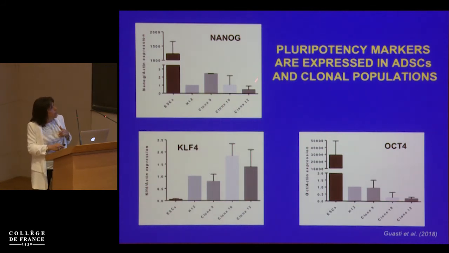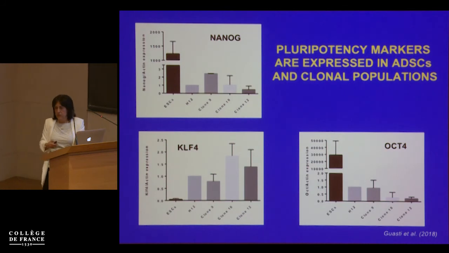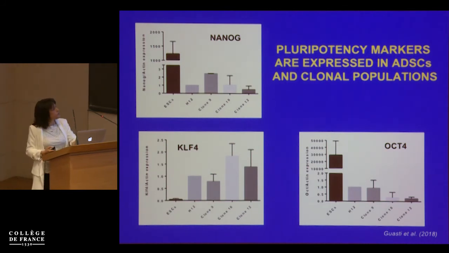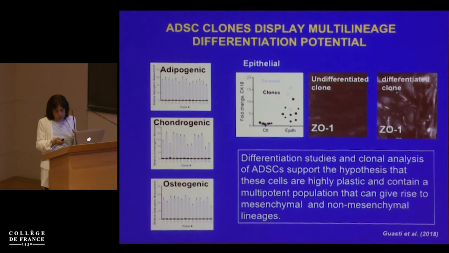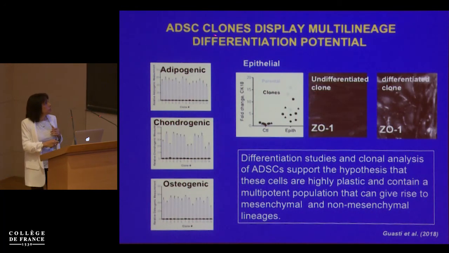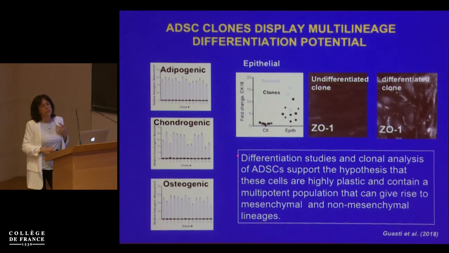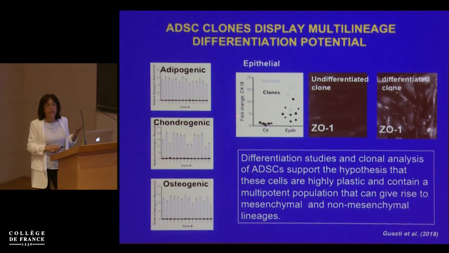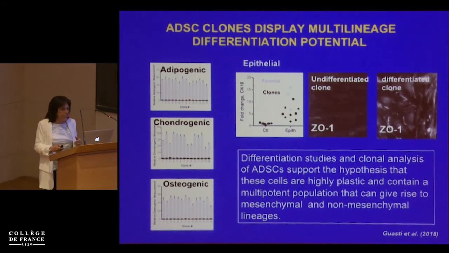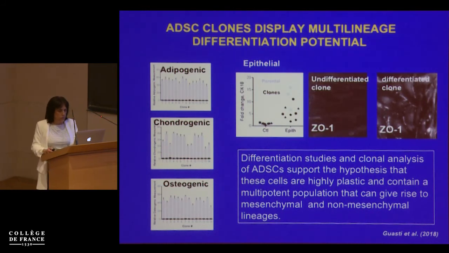And we don't lose any of these markers in the clones, and also we don't lose the differentiation potential. Analysis of the clones shows that all the ones we have analyzed maintain the three lineage differentiation along the mesenchymal lineage, and they can still differentiate also along the epithelial lineage. And we can still also upregulate some of the neural genes.